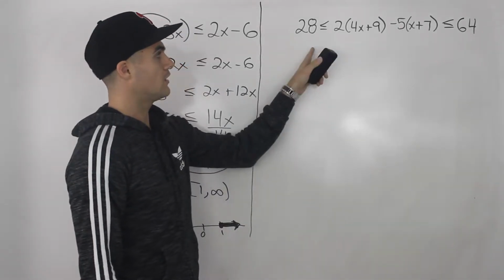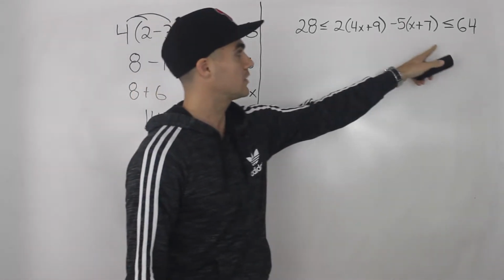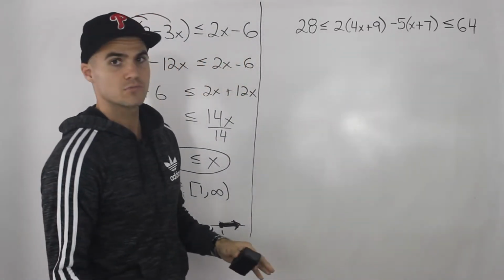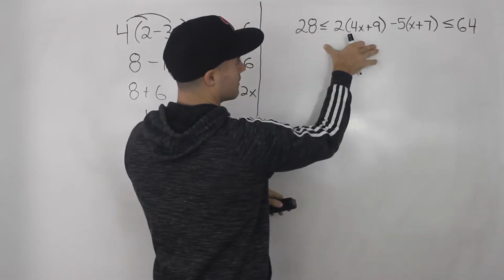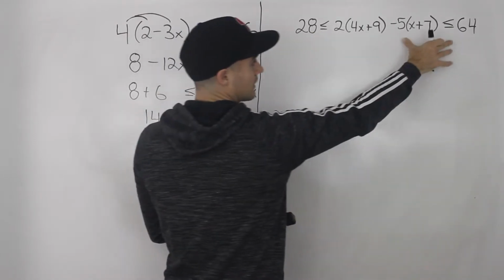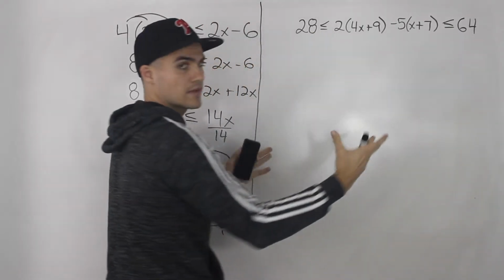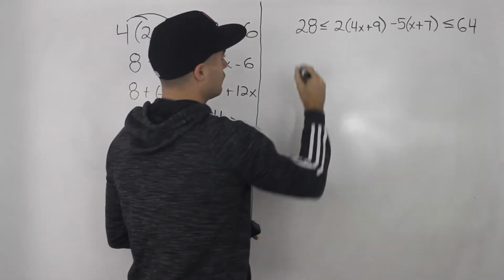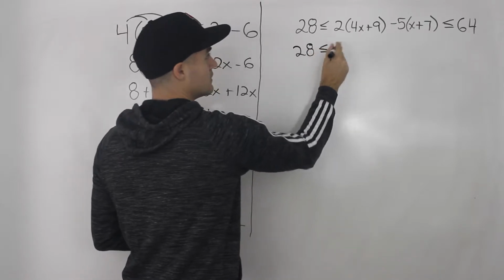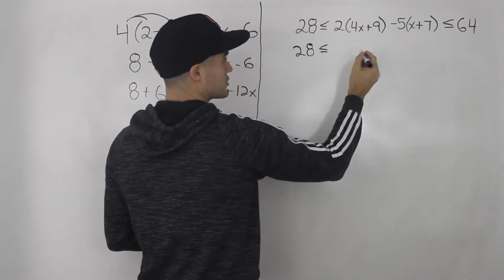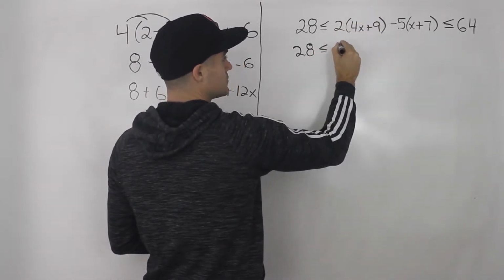Moving on to this inequality, notice how this is a double inequality. As I mentioned before, when we're working with double inequalities, you want to look at the left inequality on its own, then the right inequality on its own, and then combine them at the end. Before we do that, I'm going to simplify the middle expression a little. I'm going to distribute the 2 inside the brackets.